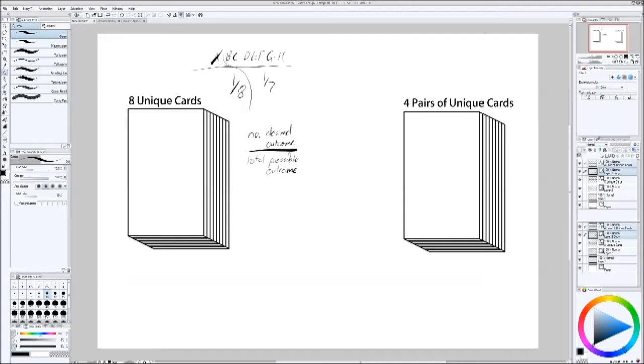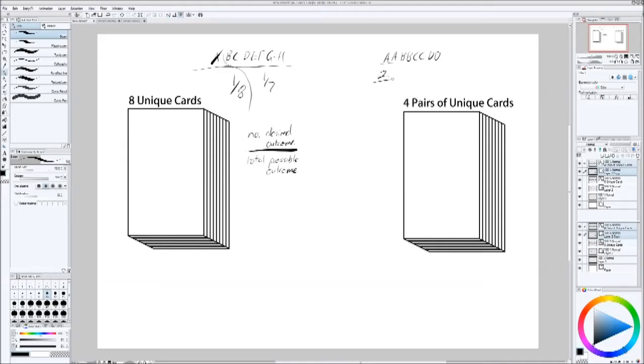What you can then do is you then look at the other system. So now in this case, we've got A, A, B, B, C, C, D, D. So we've got 4 pairs of cards. Now in this case, let's say we wanted to draw A. In this case, the number of the desired outcome, there are 2 possible chances of getting that desired outcome.